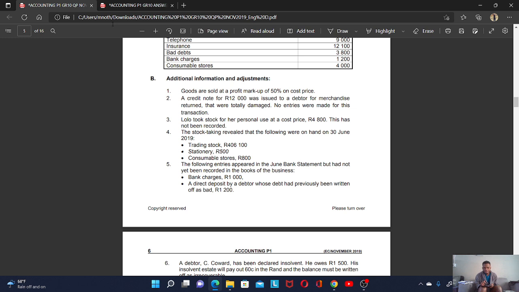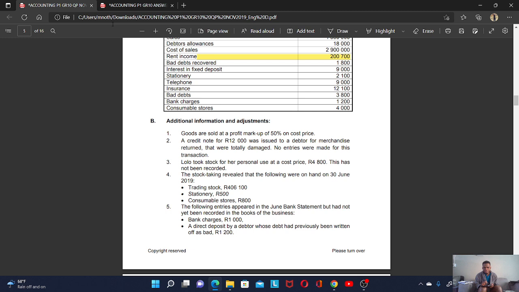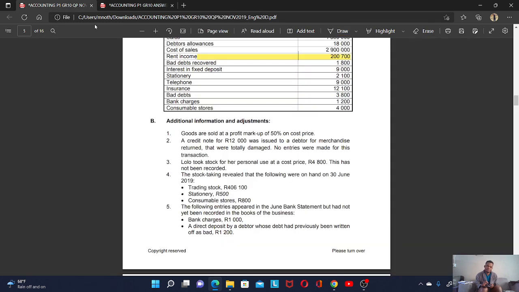Now we have the stationery. So let's check our stationery. Here, the stationery expense is 2,100. Now we are told that there is stationery on hand of 500.